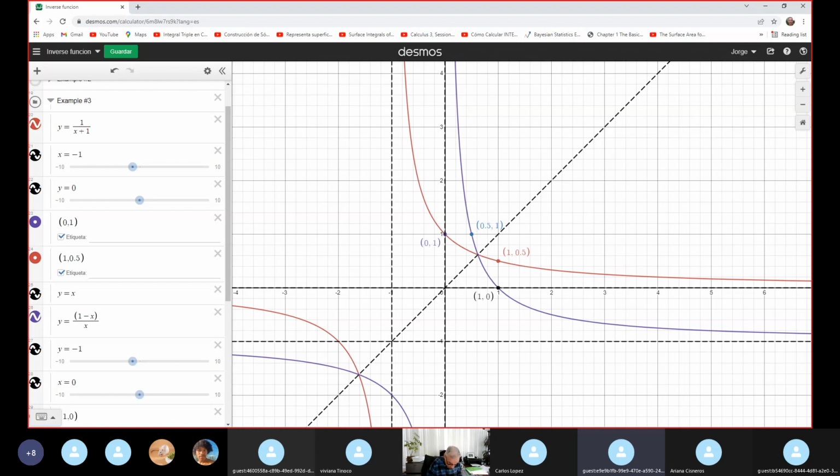I put it in plural because it's a family, no? Of functions. Their name is exponential.